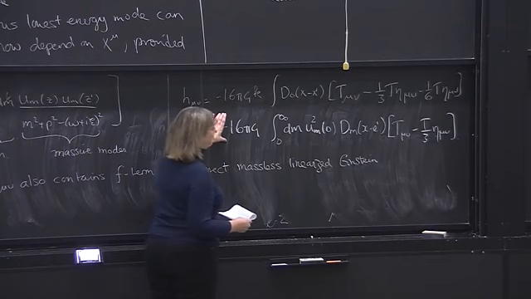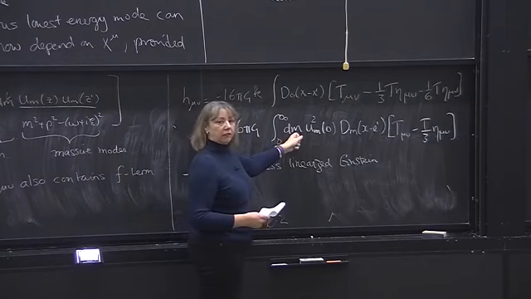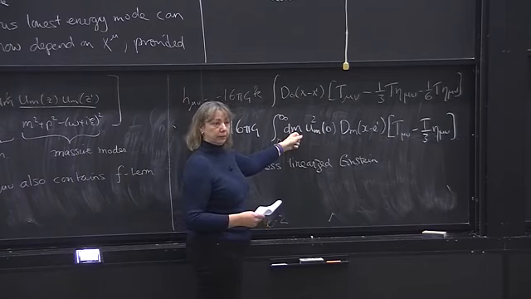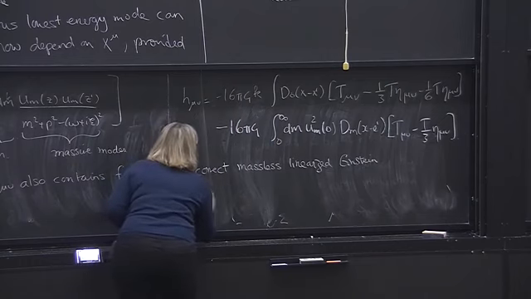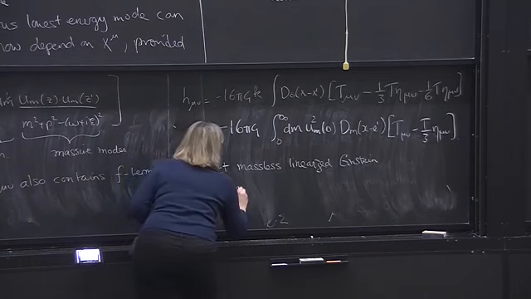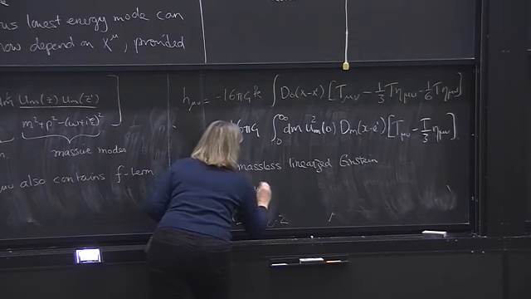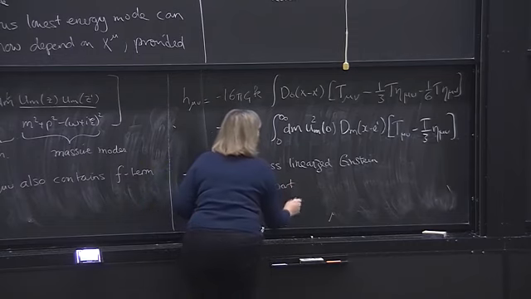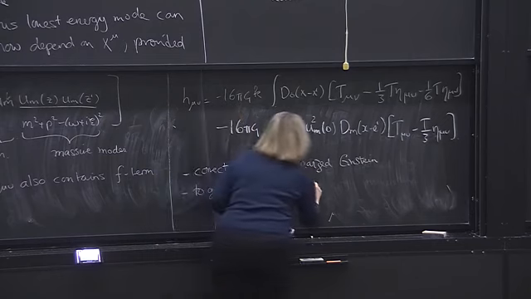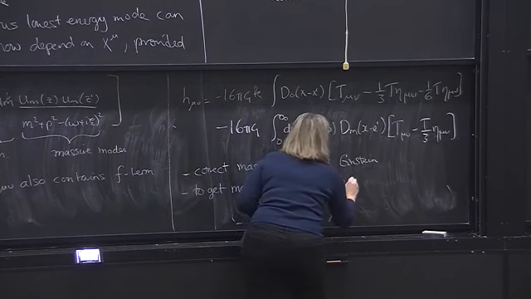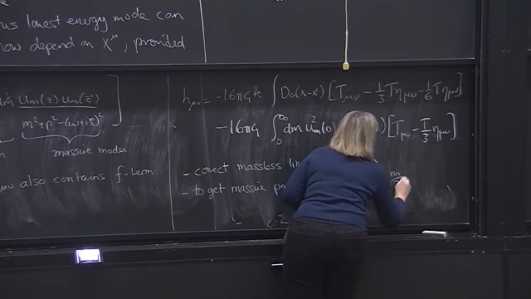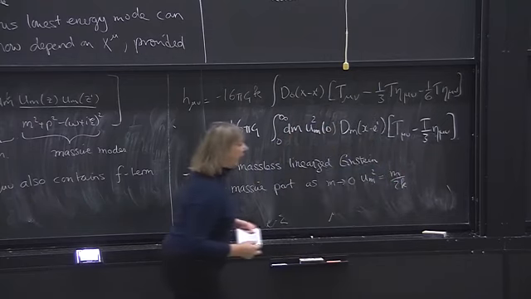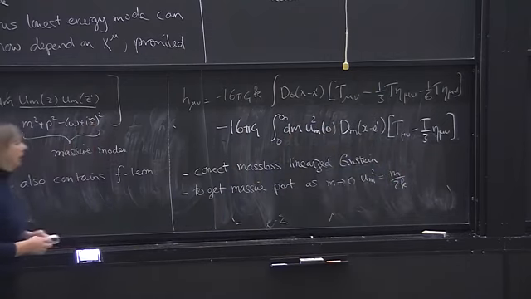The other bit that I could worry about is the fact that I've got a continuum integral. So in order to see what that does, let's look at what happens as m goes to 0. Then as m goes to 0, you get an m on 2k for u squared.